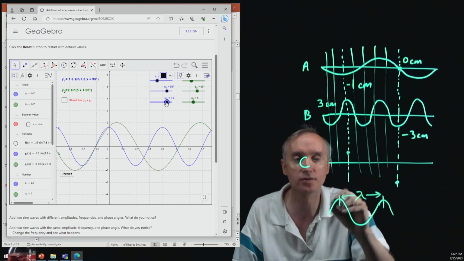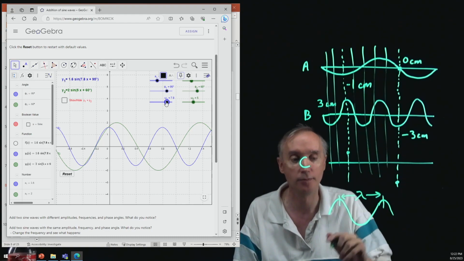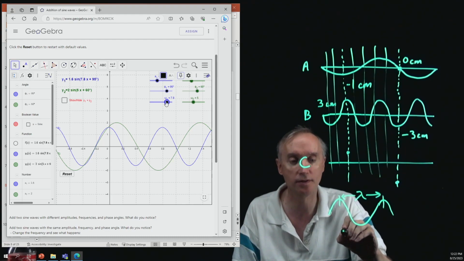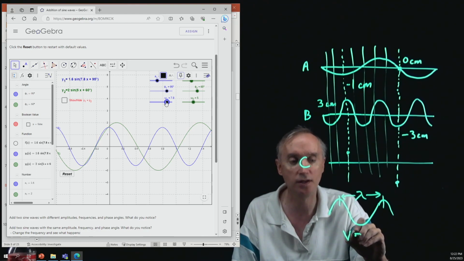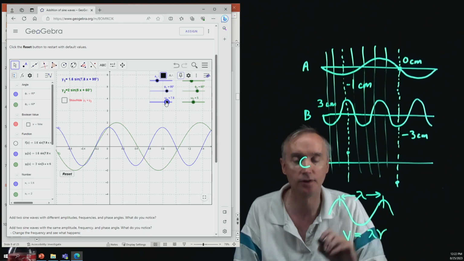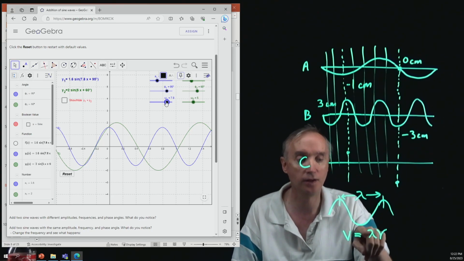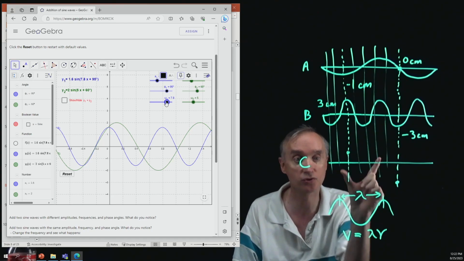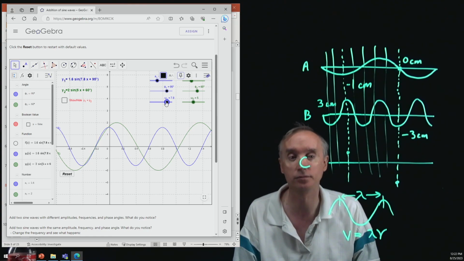But we could also say that it's changing the frequency of the wave, because we had another formula that said that the speed v of a wave was equal to its wavelength times its frequency. So if the wavelength gets small, then the frequency gets big in order to compensate.